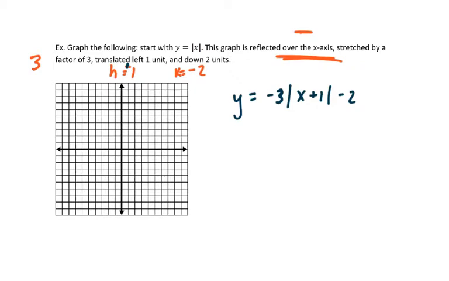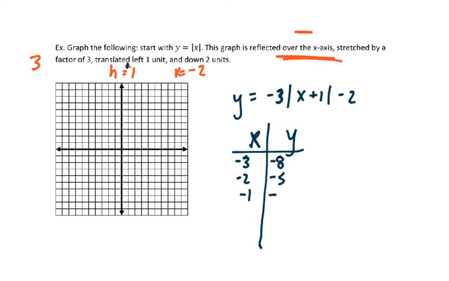And I've only got 5 points that'll fit on the graph. X, y, we've got negative 3, negative 8, negative 2, negative 5, negative 1, negative 2, which makes sense with h and k, 0, negative 5, and 1, negative 8.